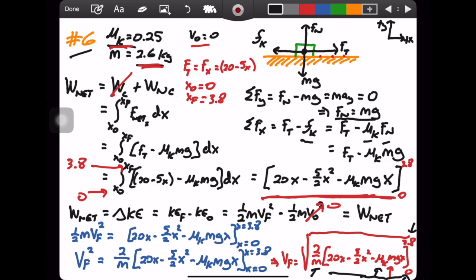So you're just going to plug in 3.8 every time you see x, multiply it by 2 over m, and then take the square root of the whole thing. And so that is how you solve problem number 6 from problem set number 6.